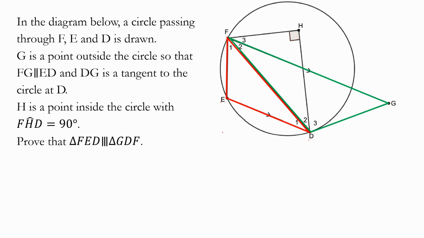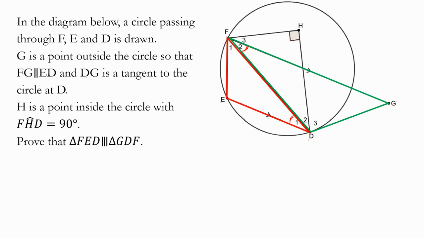Think of the alternate angles, corresponding angles, and co-interior angles, but co-interior angles are not equal. Remember, they are supplementary. So here we have alternate angles. If you check, this angle here is alternate to this angle here, since FG is parallel to ED. And then what else?